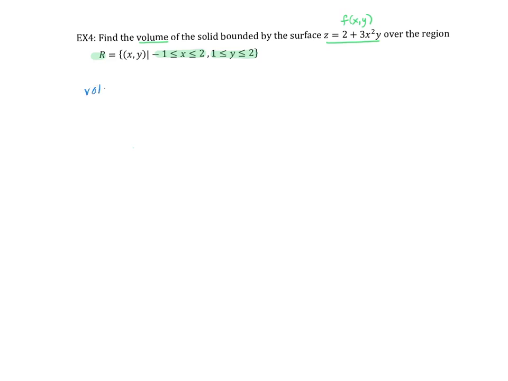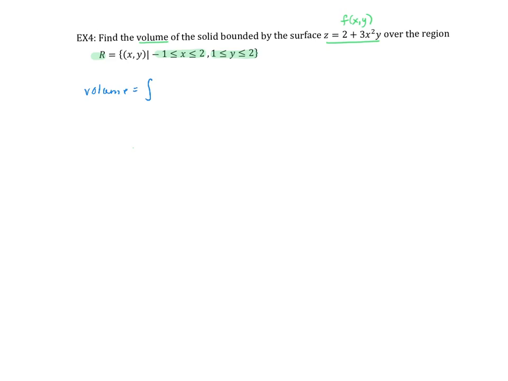This volume that we're supposed to find is simply the double integral of, now we have to decide the order in which we're going to integrate. So it really doesn't matter if you integrate with respect to x or y. Now I see if I'm integrating with respect to x, I get 3x cubed over 3 and the 3's cancel. So maybe I'll just do the usual dx dy.